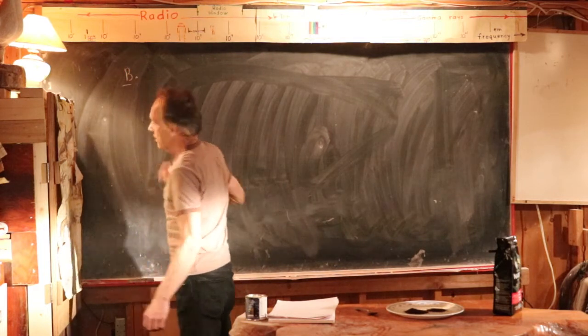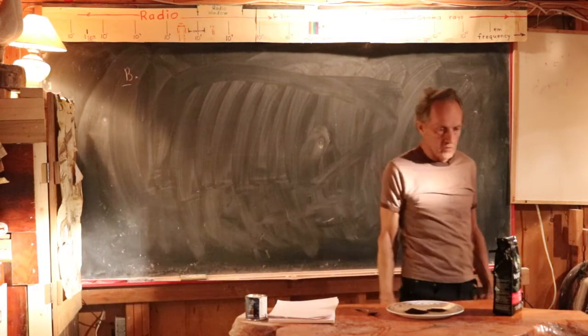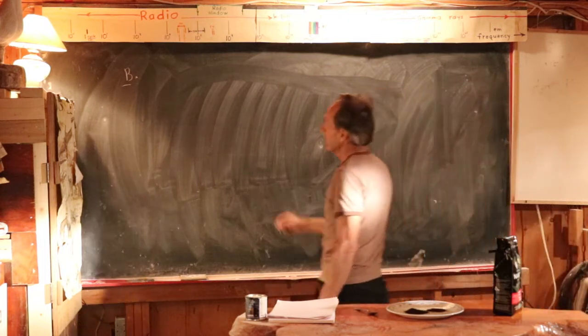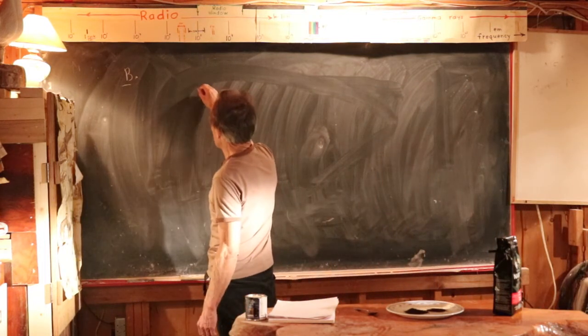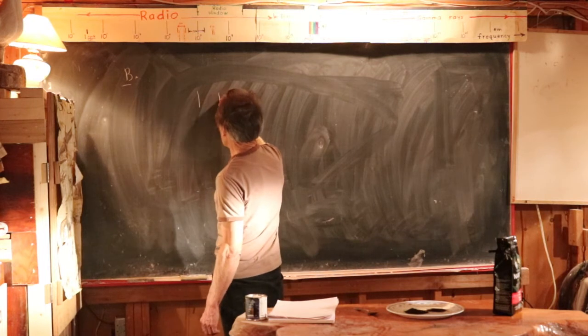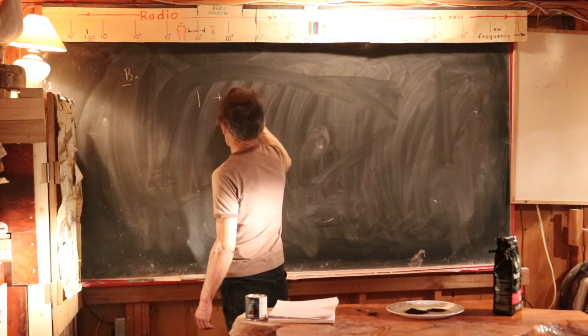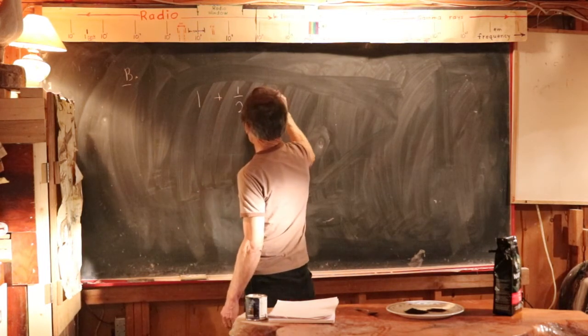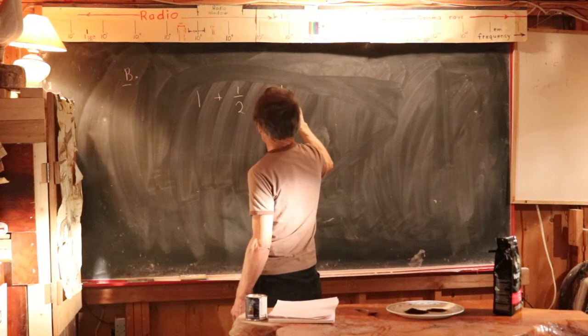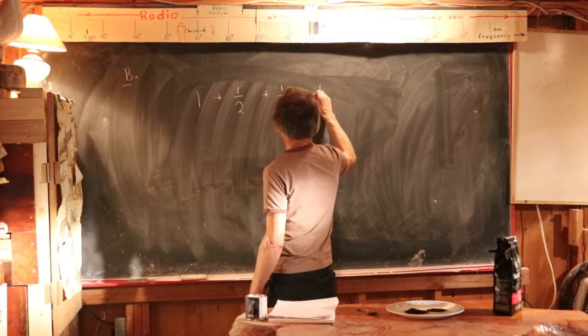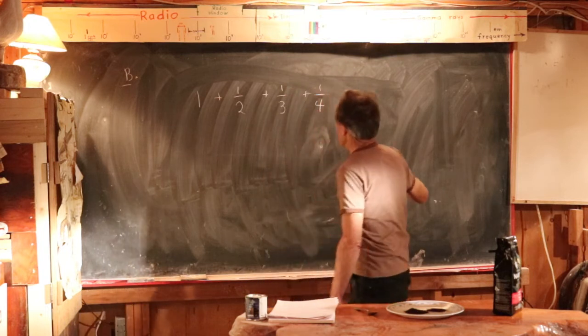Instead of having 1 plus 1/2 plus 1/4 plus 1/8 and so on, I'm going to start off with 1 teaspoonful, and then I'm going to add to that 1/2. And then on the third day, it'll be 1/3. Fourth day, 1/4, like that, and so on.